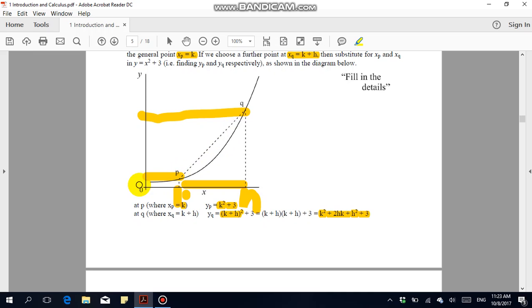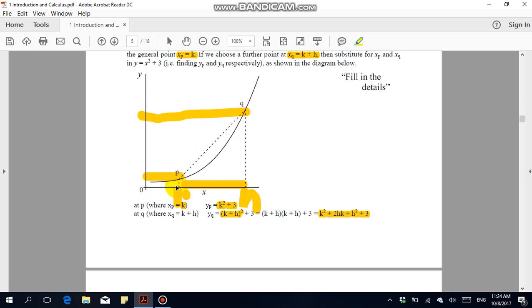The gradient is not constant at any point. However, now he's arrived at a generic algebraic equation where he says that the gradient is equal to 2x. So m is equal to 2x, the algebraic expression of the gradient of this line is 2x.